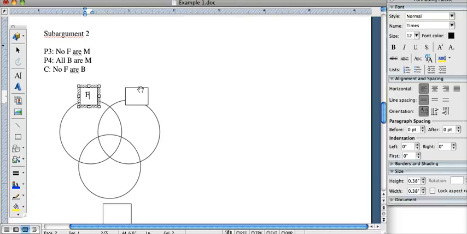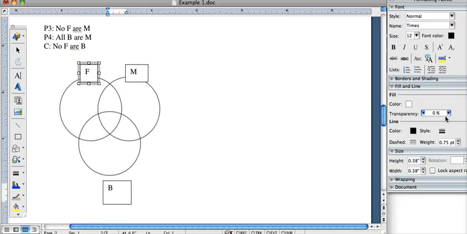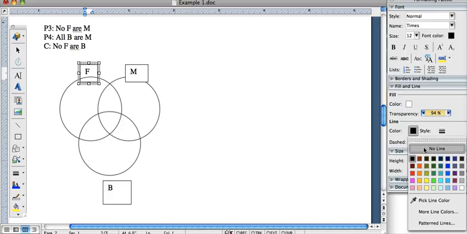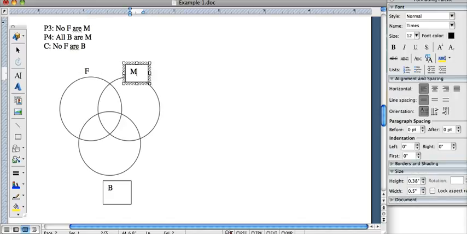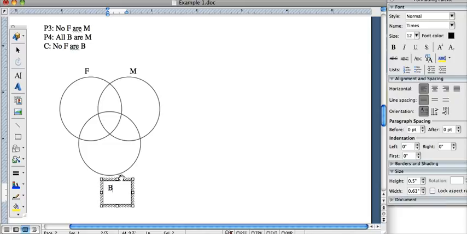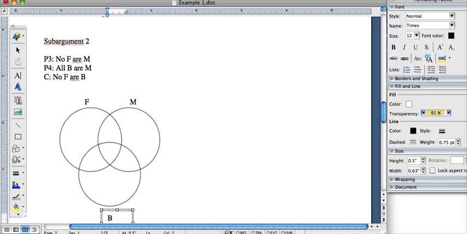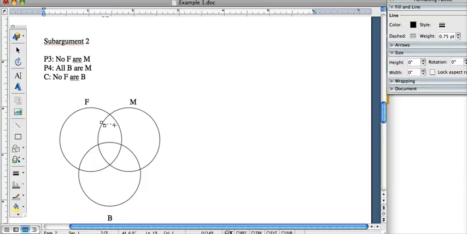So we'll do F and M and B. Okay, and so again we have two universal premises, so it doesn't matter which one we do first. So I'll do no F are M first.